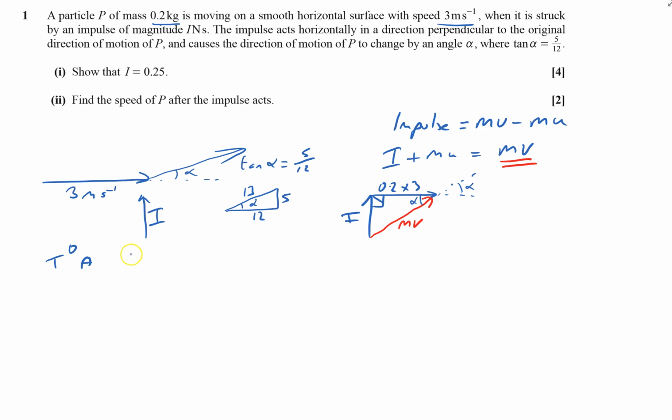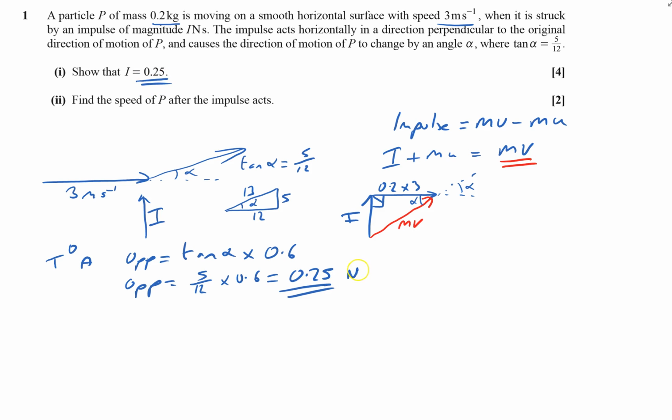So the opposite, which is what I want, equals tan alpha times the adjacent, which is 0.6. And so the opposite equals tan alpha, which is 5/12, times 0.6, and that does equal 0.25, as it wanted up here, and that's impulse, so that'll be in newton seconds.